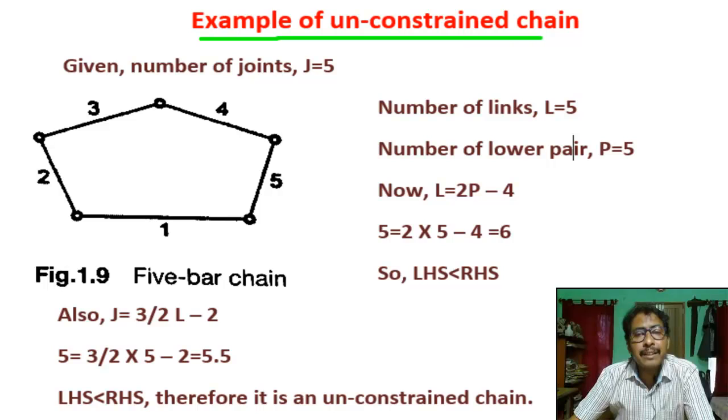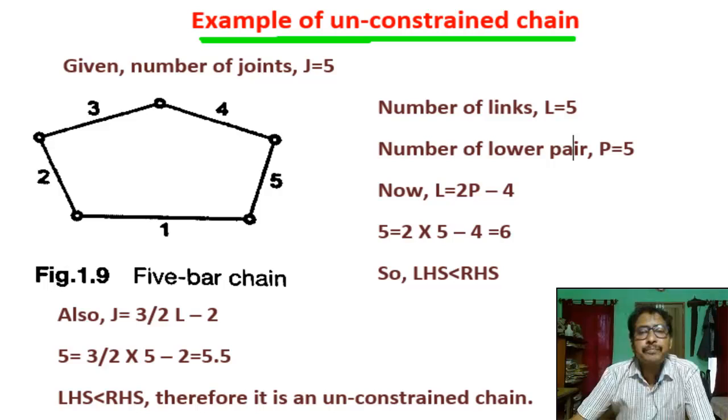Now, example of an unconstrained chain. This is the figure of a 5-bar chain. There are 5 links, 1, 2, 3, 4, 5. There are 5 joints, 1, 2, 3, 4, 5. Number of lower pairs is also 5.